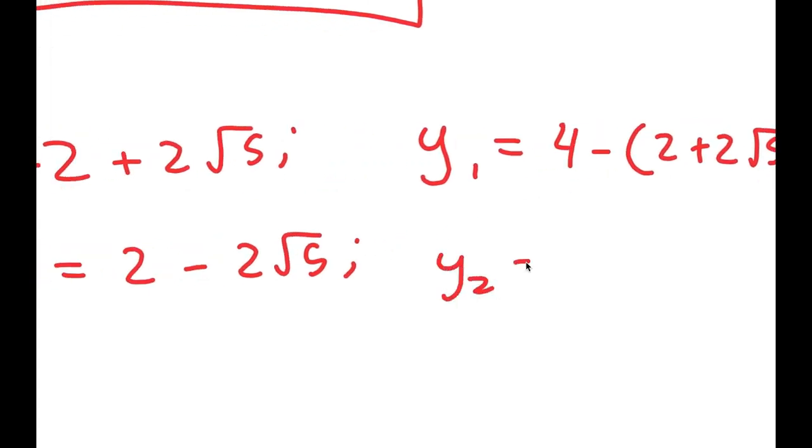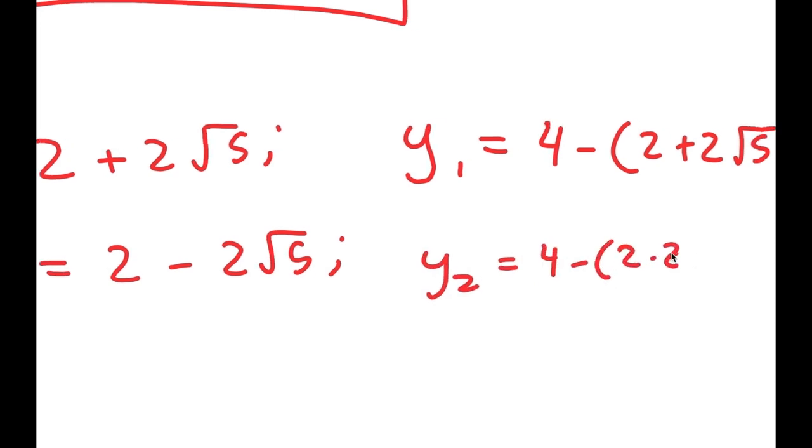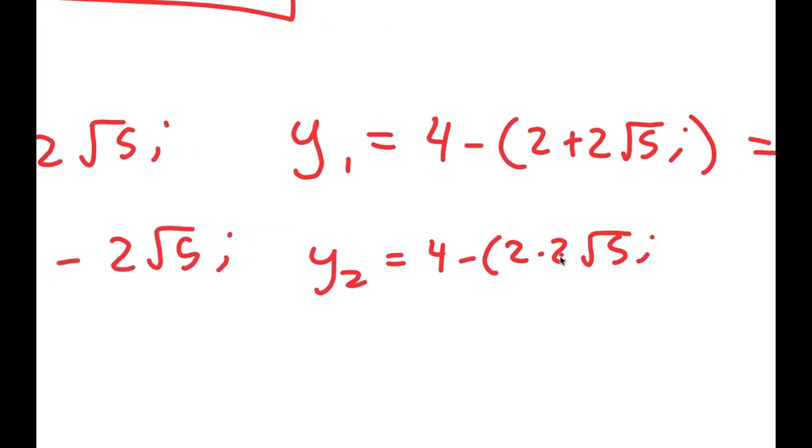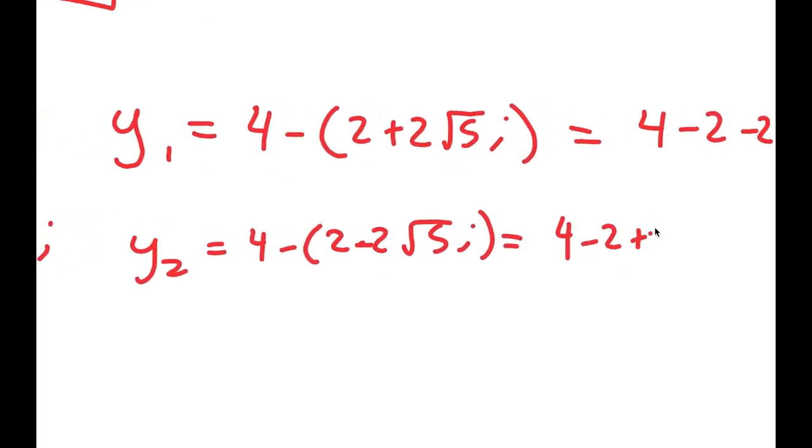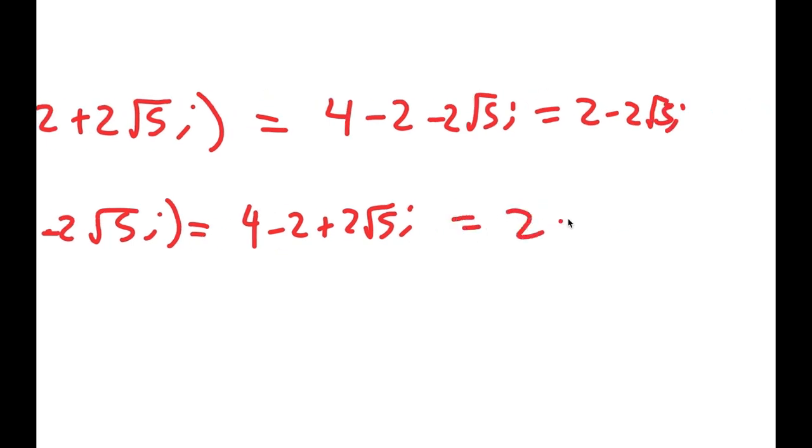And for y2, I get 4 minus (2 minus 2 root 5 i), which is equal to 4 minus 2 plus 2 root 5 i, which is equal to 2 plus 2 root 5 i.